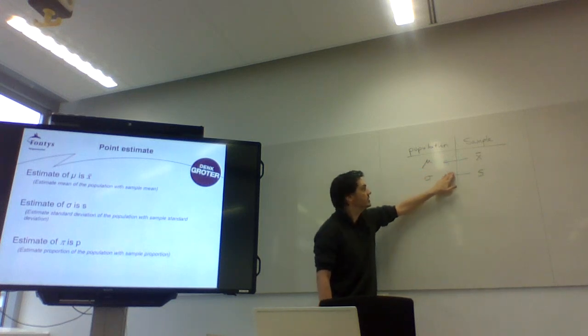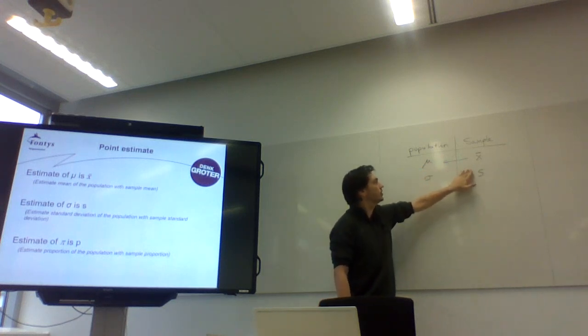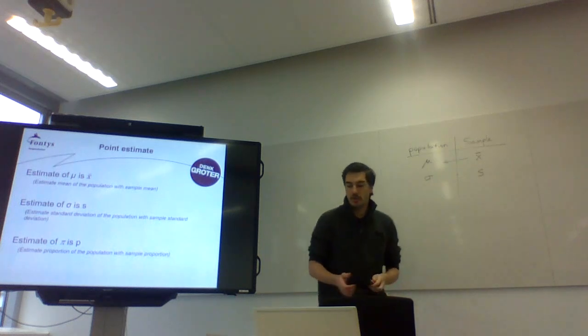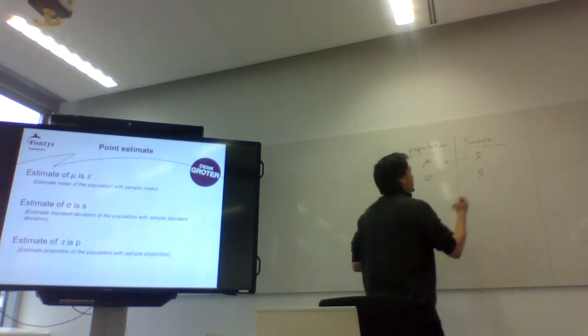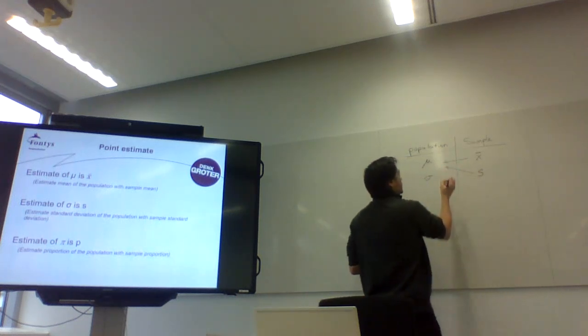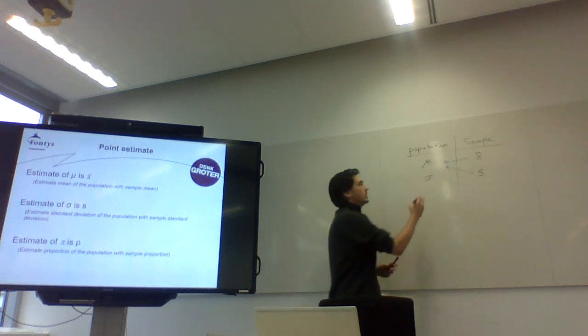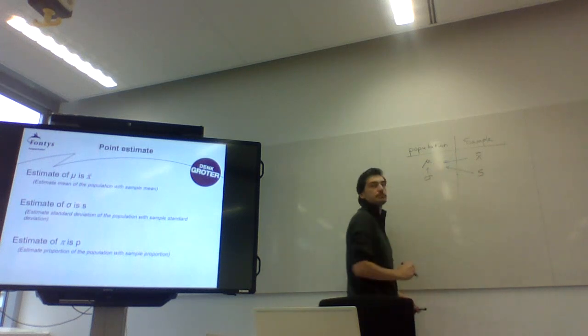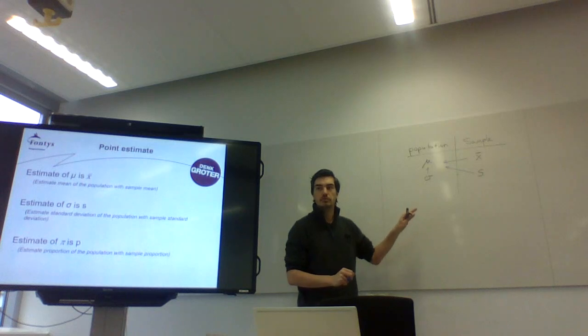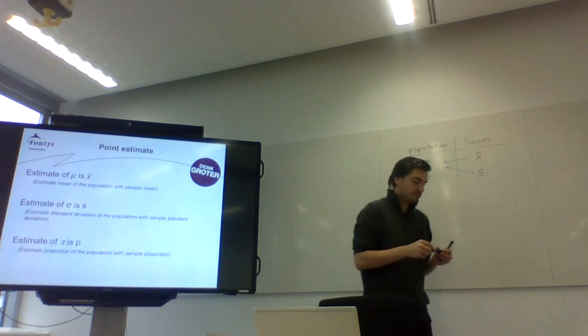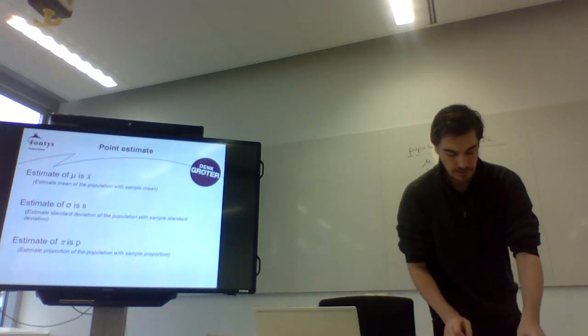So this estimation here is not used very often. Instead, we use something like that or something like that. One of the two. We only need one of the two.